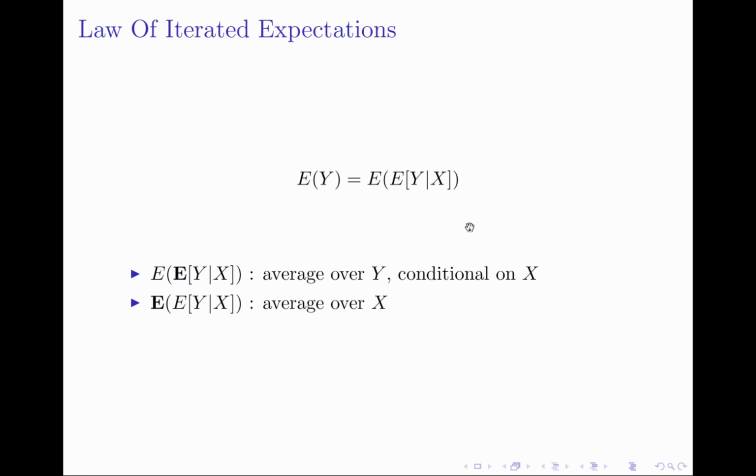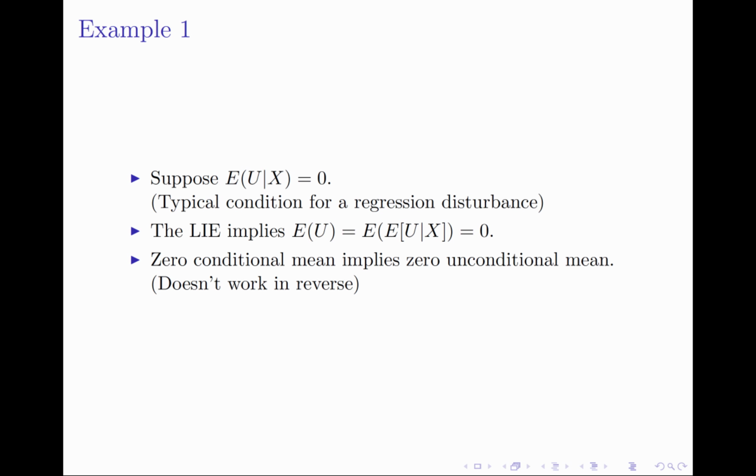That's not terribly hard to prove. We won't worry about proving it, but we will use it on a variety of occasions. Here is a simple example. Let's suppose we have 2 random variables, u and x.